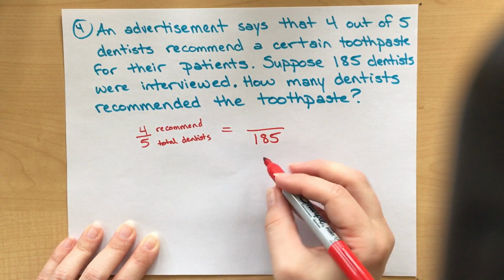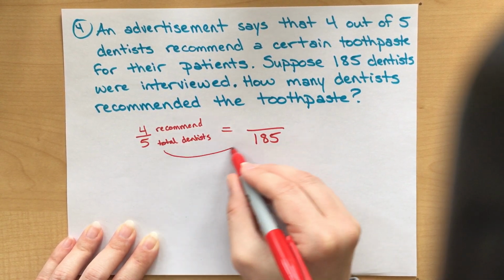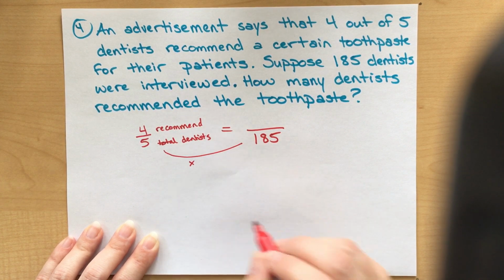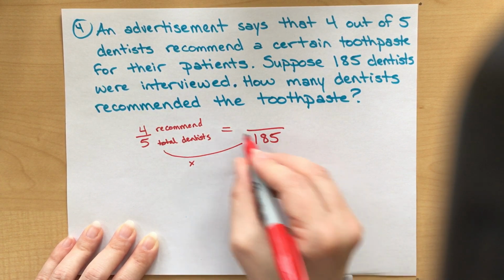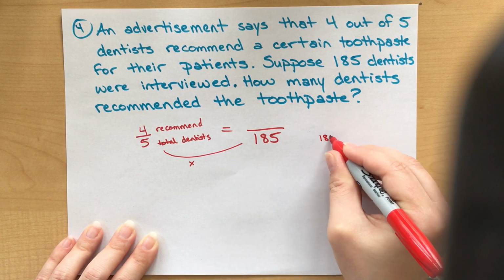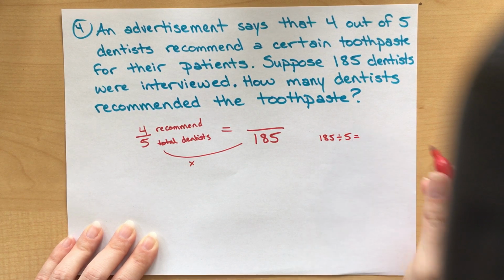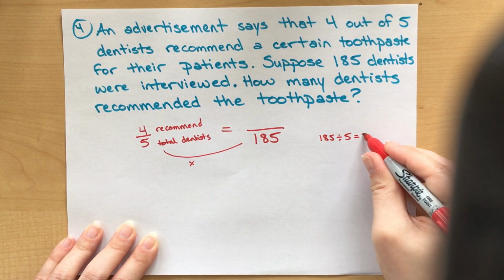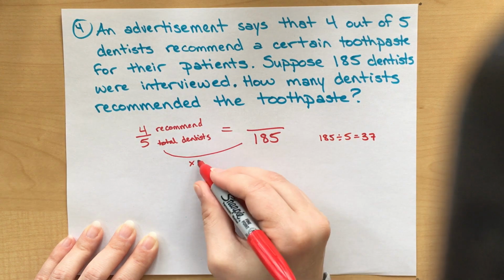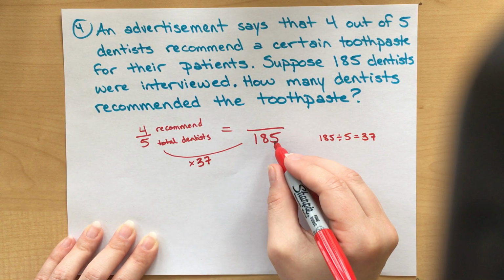So basically we're looking at how did I get from the 5 to the 185, right? Obviously that number is increasing, so I'm going to be multiplying by something. If I want to know what the factor is, take that final number that you're looking for, divide it by what it was originally, and you'll get the factor that it was multiplied by, which I think is 37. Okay, so 5 times 37 is going to give me that 185.